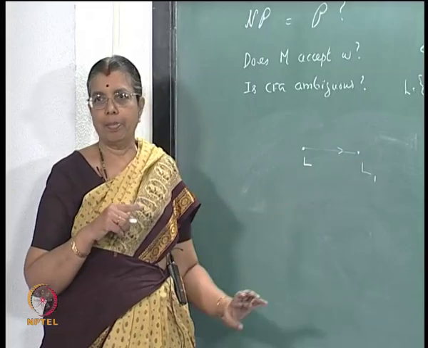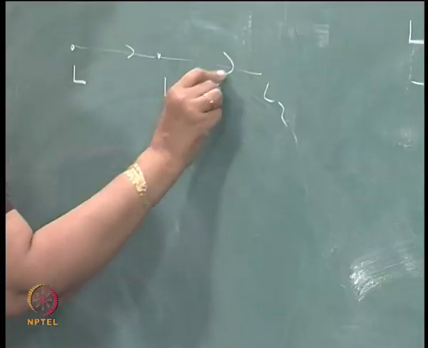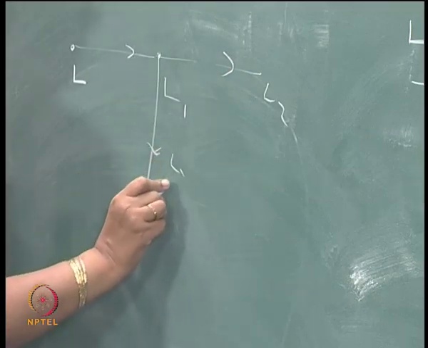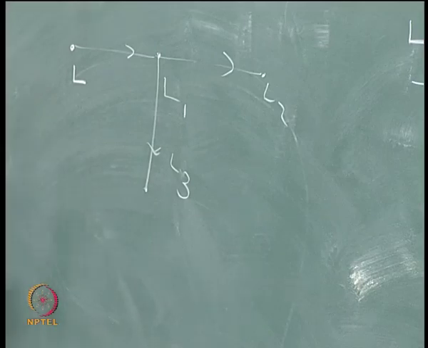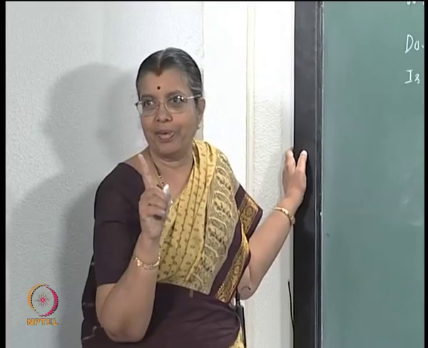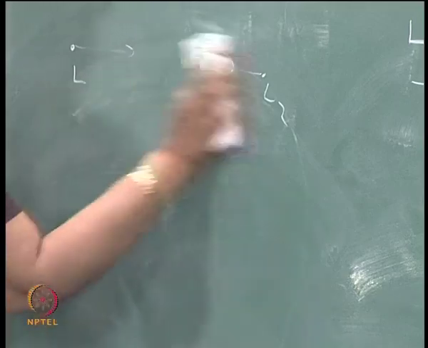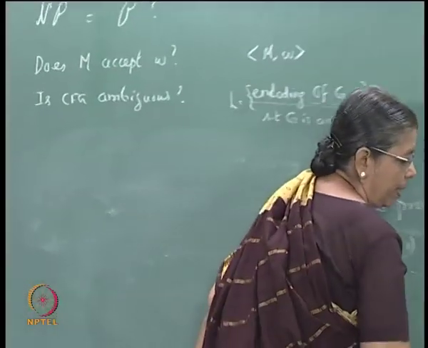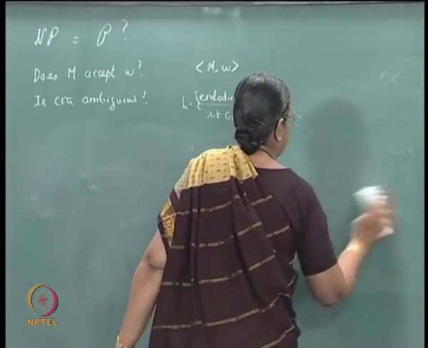Then once you know this, you can reduce it to L2, you can reduce it to L3 and so on. But first one problem you have to show to be NP complete, that is the Boolean satisfiability problem. So, we will show that Boolean satisfiability is NP complete.